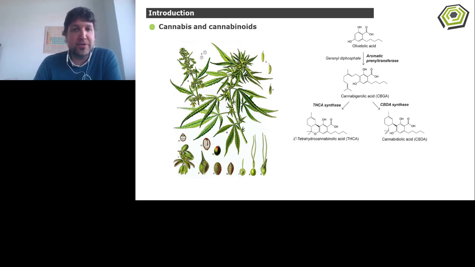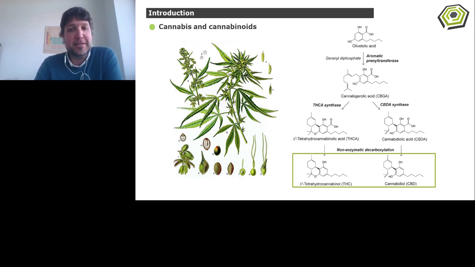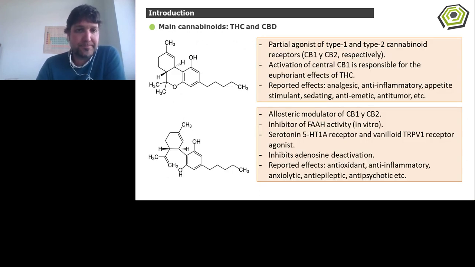The cannabinoids have one molecular precursor called cannabigerolic acid that can be converted into THCA, or tetrahydrocannabinolic acid, or CBDA, cannabidiolic acid, that upon heating by non-enzymatic decarboxylation, like in the oven when you bake them or when you smoke them, are converted to the neutral forms that we all know: THC, delta-9 tetrahydrocannabinol, or cannabidiol.